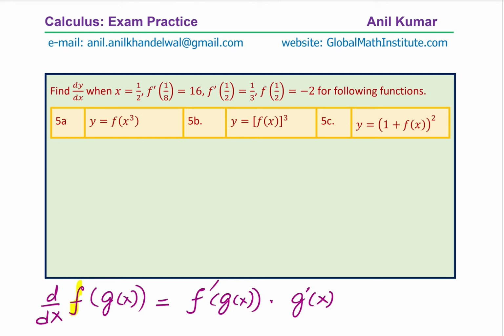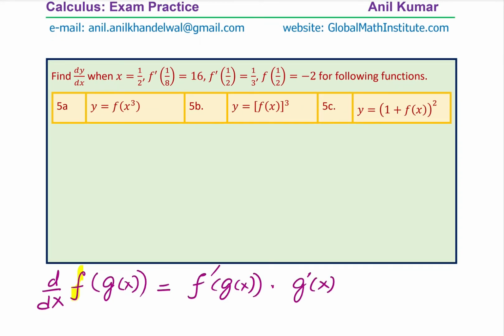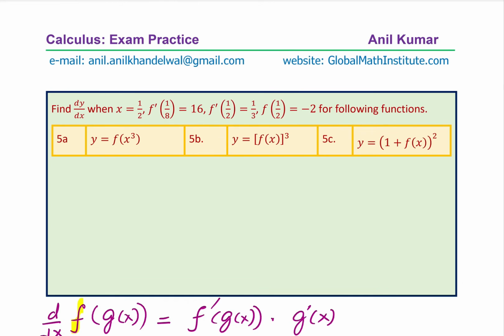So let's begin with the very first one, which is given to us as y equals f of x cube. So the inside function, g of x, is x cube for us. So what is the derivative?